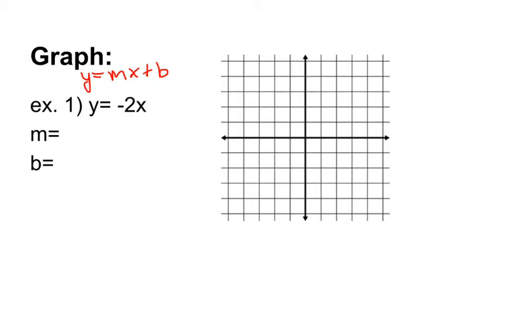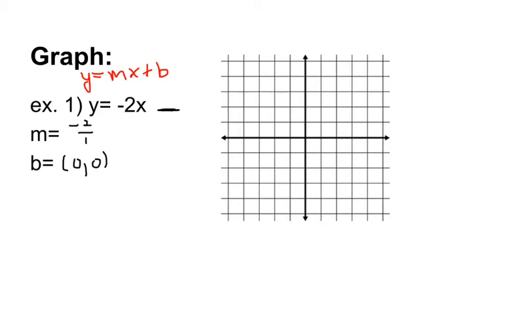So using that, we're able to determine that the slope is our coefficient of x, so it's negative 2. We're going to go ahead and write this as a fraction. You'll see why in a minute. It gives us a rise number and a run number. We want each of those. And then our y-intercept, well, there is no number here at the end, so then it must just be adding a 0. So that means our y-intercept is going to be 0, 0.